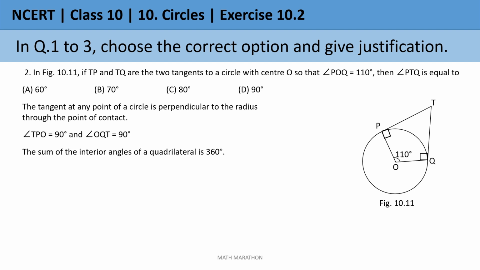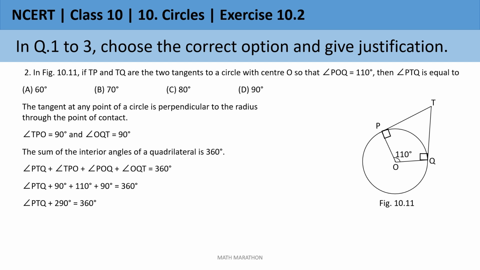The sum of the interior angles of a quadrilateral is 360 degree. Angle PTQ plus angle TPO plus angle POQ plus angle OQT is equal to 360 degree. Angle PTQ plus 90 degree plus 110 degree plus 90 degree is equal to 360 degree.